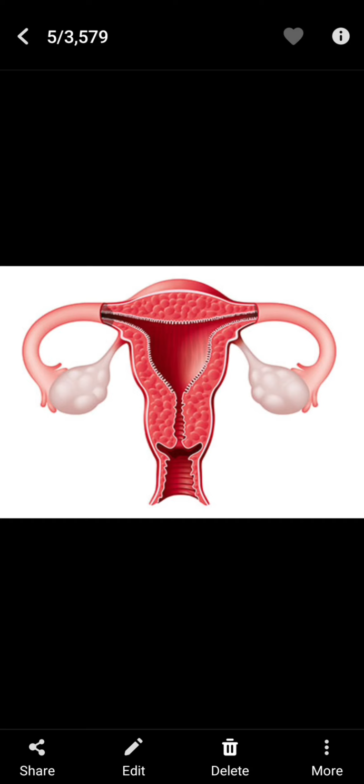This phase is completed by the formation of 3 layers: basal layer, functional layer, and spongy layer. These are the 3 layers which are formed in the uterus. After the formation of these 3 layers, this stage will be completed.